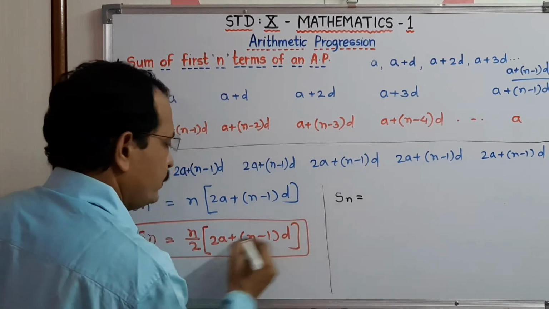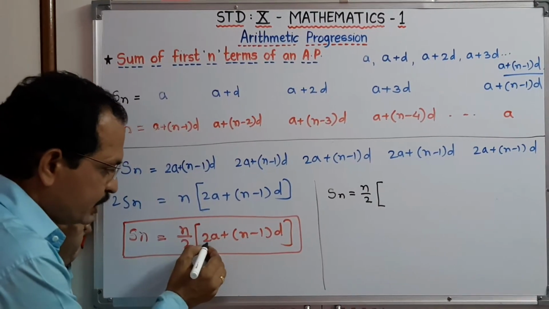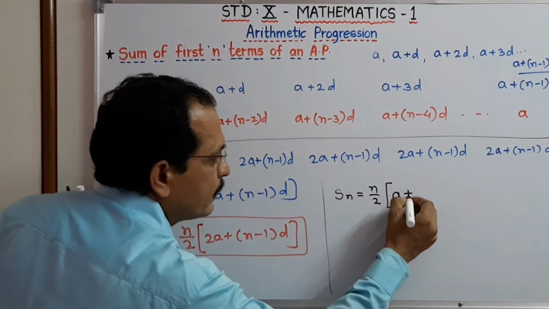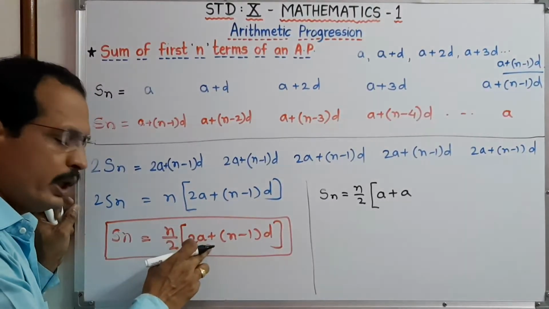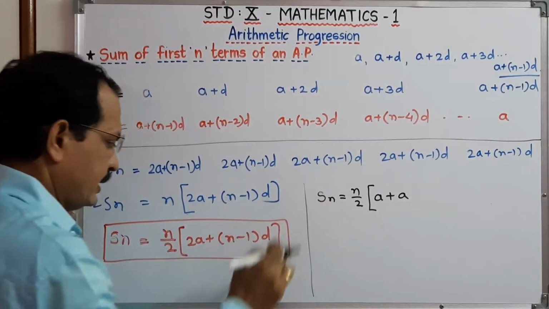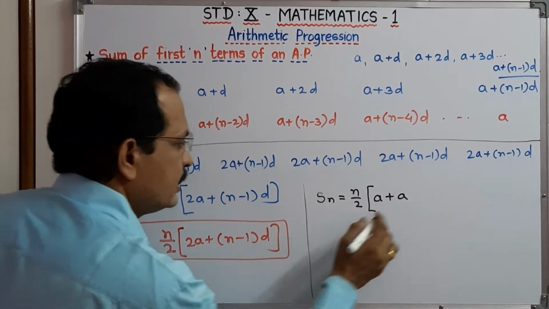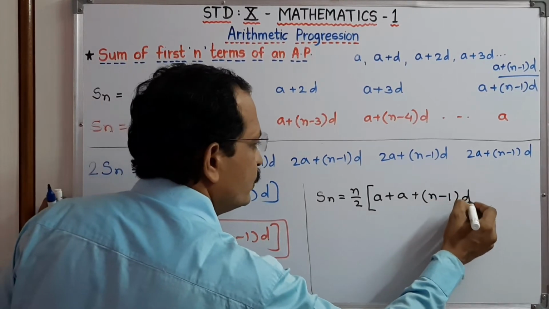Sn is equal to n upon 2 in bracket. See, instead of this 2a, I can write a plus a, isn't it? It is a simple thing. Now dear student, write this as it is, therefore plus n minus 1 into d.